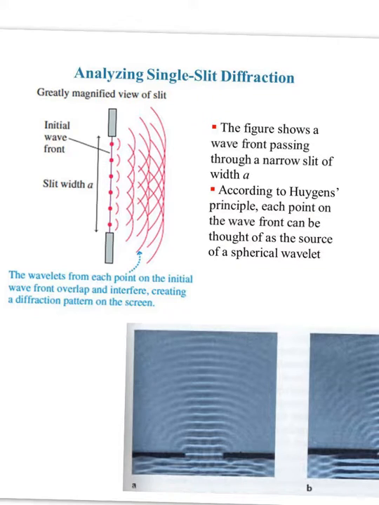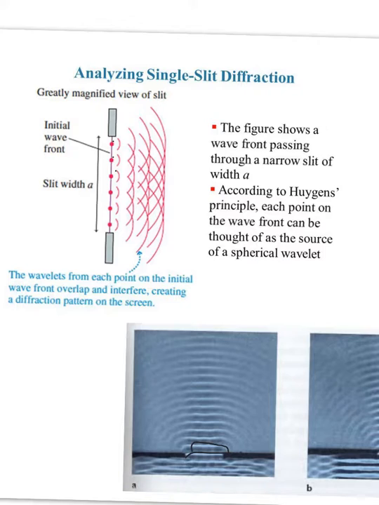In order to understand how it works, we need to think about something called Huygens' principle. I'm not sure how to pronounce it in Dutch. But what he stipulated at the time, which helped us understand an awful lot of wave-based phenomena, was that you need to consider diffraction not as a sequence of waves, the way that we've looked at them before, like wave fronts, but as an infinite number of point sources.